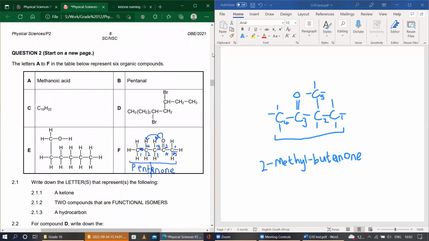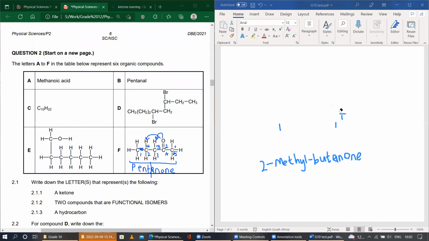Where's that eraser? So A is a carboxylic acid, and E is an alcohol. So first you're going to have to know the formula of A. A is methanoic acid, so it has one carbon.